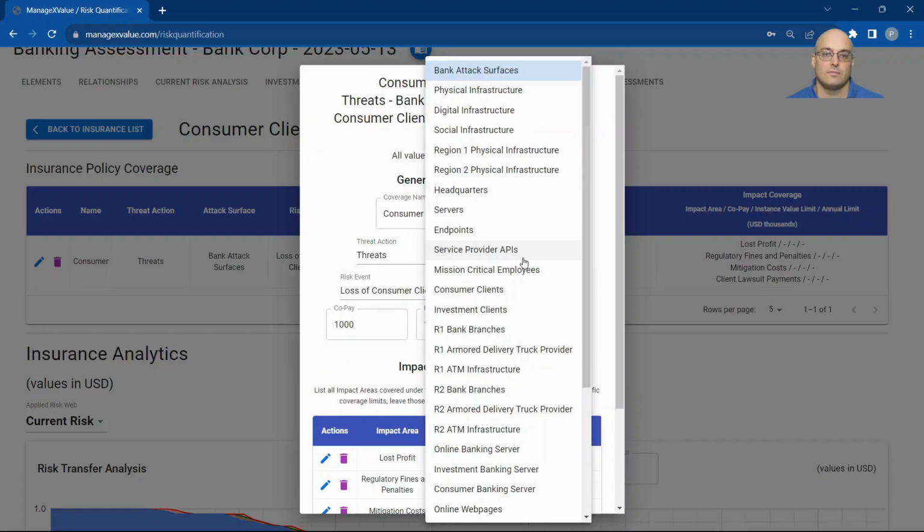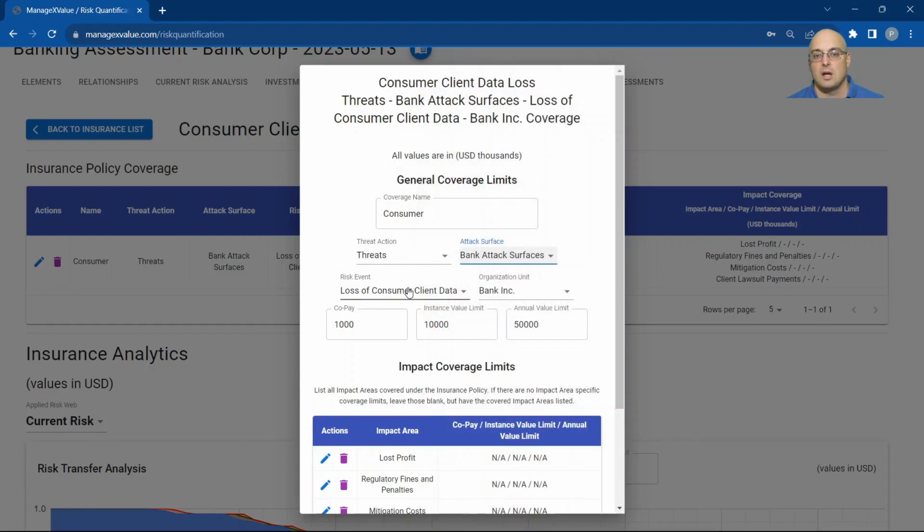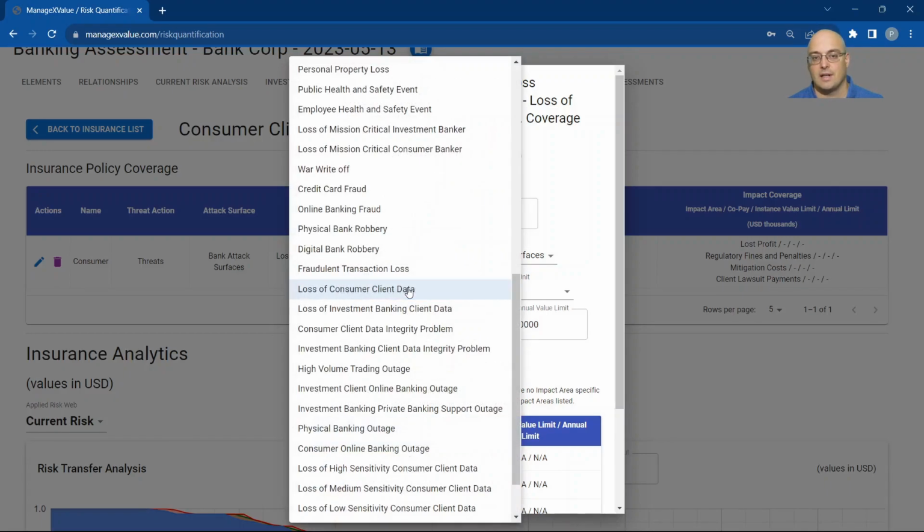You can focus the coverage on any specific attack surface that is targeted by the threat actions. Or such as in this case, you can define very specific risk events no matter what type of threat actions resulted in those risk events.